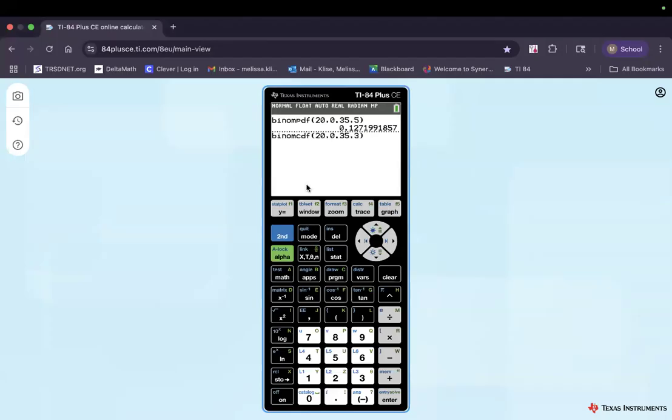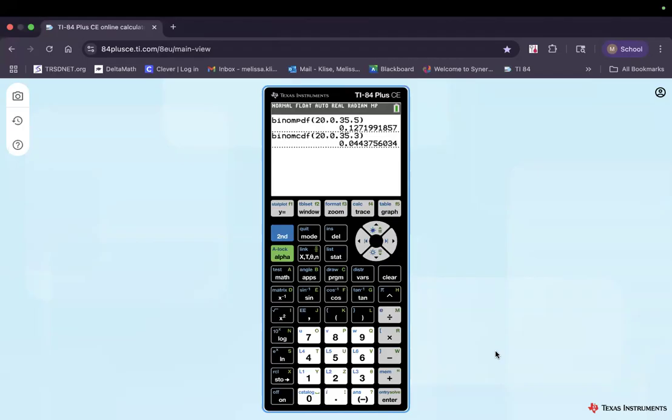If you don't have the fancy screen that I have, it'll look like this when you put it in your calculator. I'm going to hit enter. Approximately 0.044. So we only have about a 4.4% chance that 3 or fewer.